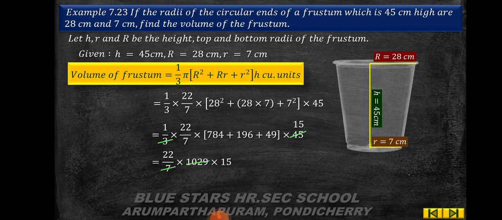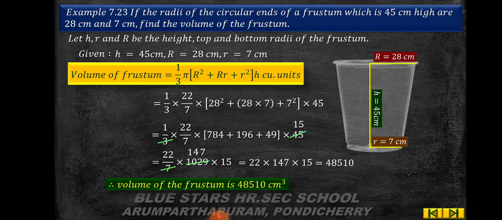So 7 and 1029 get cancelled. It gives 147 times, which is equal to 22 into 147 into 15, which is equal to 48,510. Therefore, volume of the frustum is 48,510 centimeter cube.